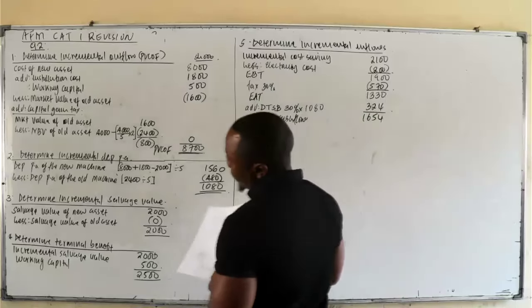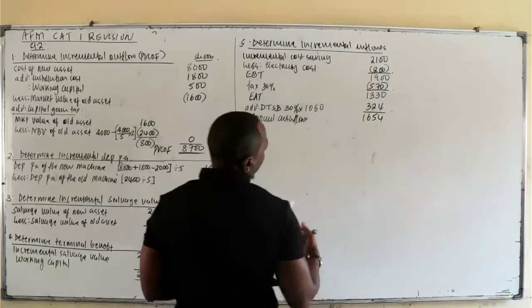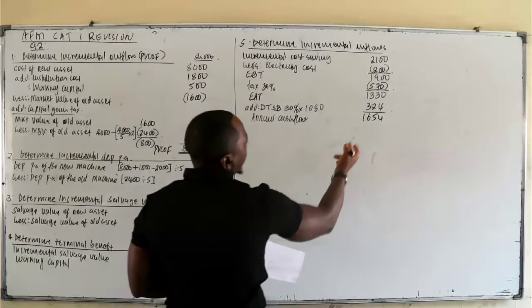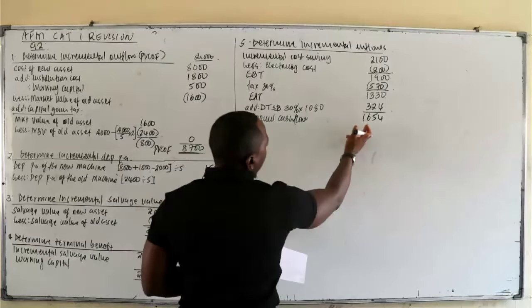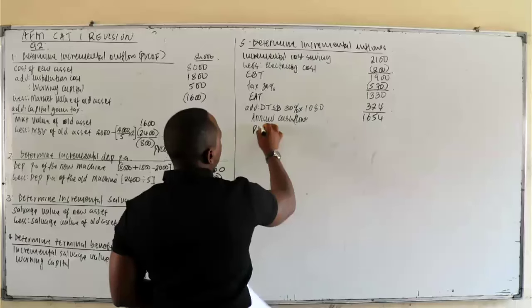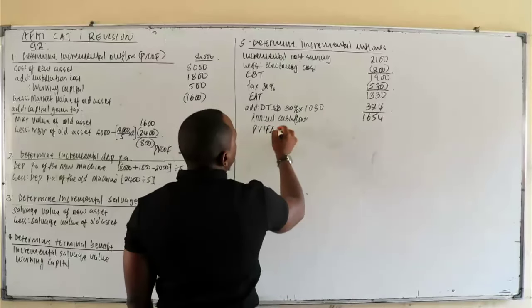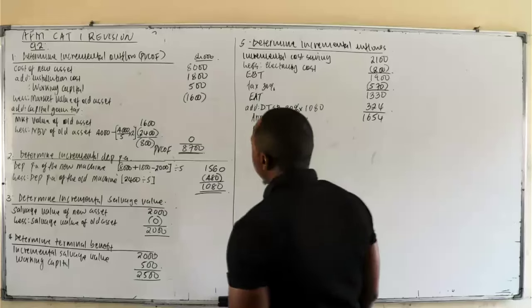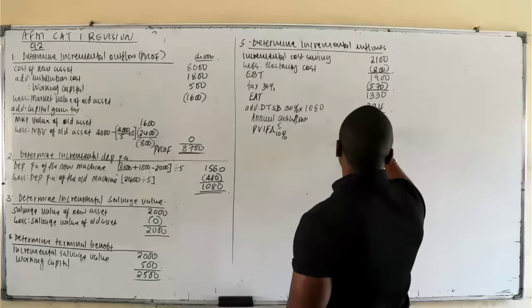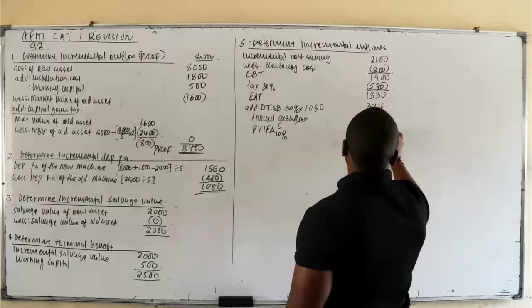Then step number 5, we are to evaluate using NPV. So to get NPV, we already have the annual cash flow. So we just need to discount, and the cost of capital was 10%. So present value interest factor of an annuity, 10% for 5 years. And you get 3.708. Good.